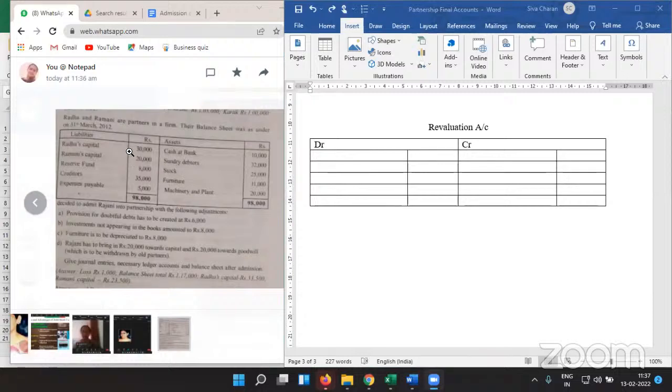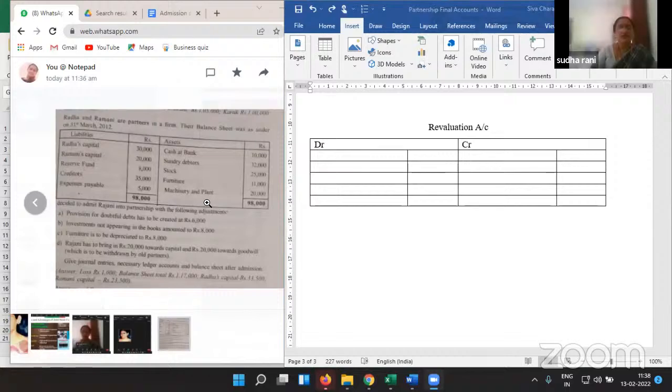Look at this question. Radha and Ramani are partners. Their profit sharing ratio is not given, which means we should share equally. Their capitals, reserve fund, creditors, expenses payable are given. Cash at bank, stock, furniture, machinery are given in the balance sheet. Additional information: they admitted Rajni into the partnership, and a provision for doubtful debts of 6,000 is to be created.